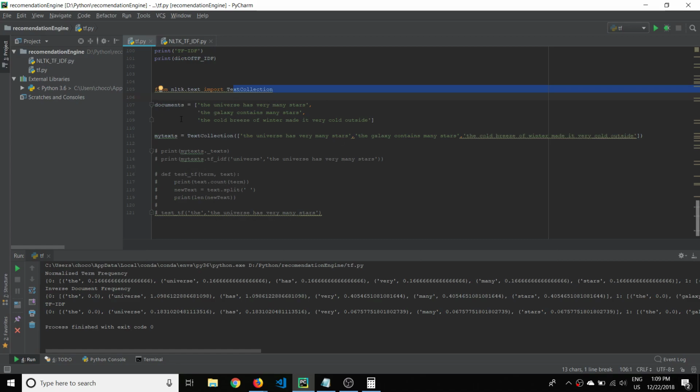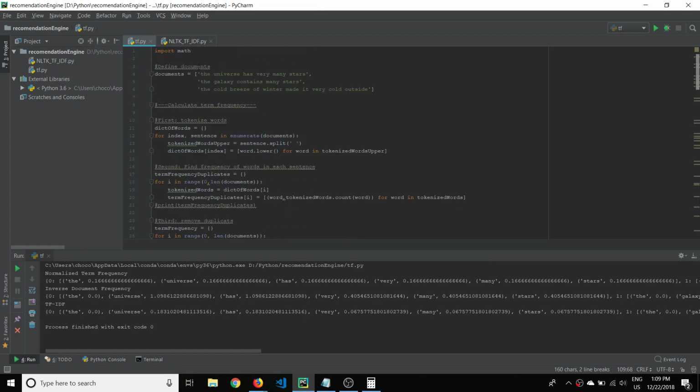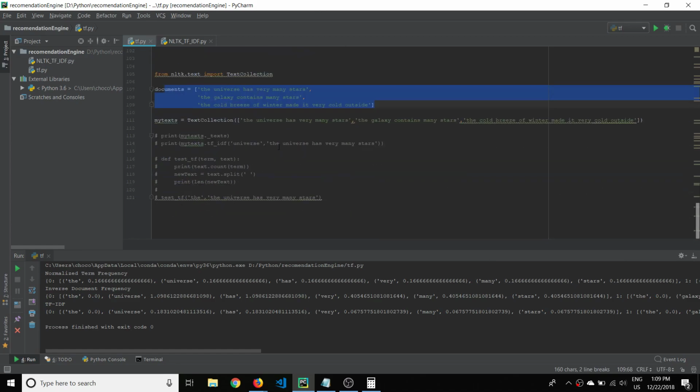I really don't need to put them here twice, but I did just to see it easier. This is exactly the same as the set of documents up here. Ultimately I didn't even end up using it, because I ended up manually putting them in here anyway, since it didn't work unless I did it like this. So I make a little object here with the TextCollection class.